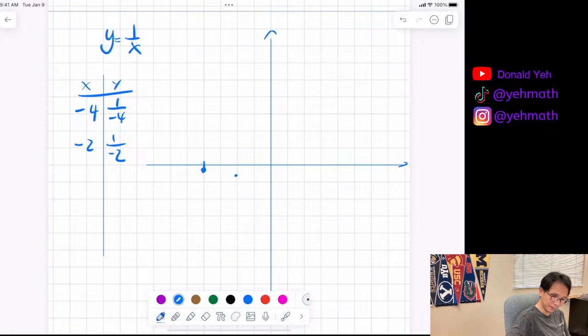Negative 2 is going to be right here. What happens when you plug in negative 1? 1 over negative 1, so it's right here, right? Are we okay? What happens if you plug in negative half? It'll be 1 over negative 1 over 2, which is keep, change, flip. So it'll be negative 2 over 1, so it'll be negative 2. So at negative half, it is going to be negative 2. Is that okay?